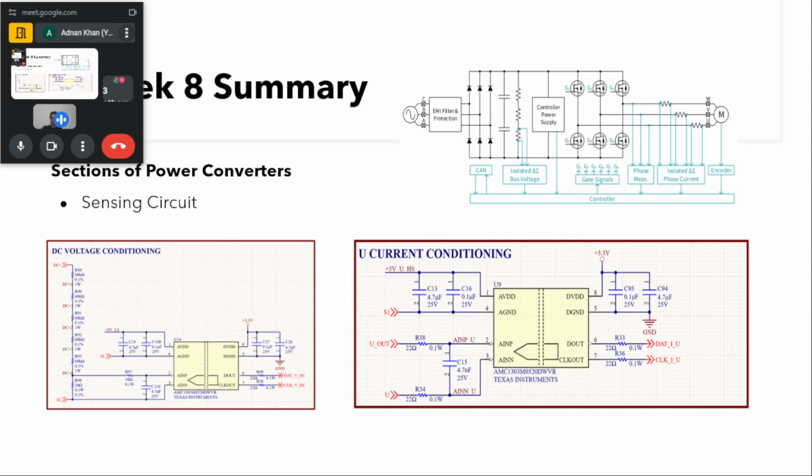Then there will be current sensors in order to sense the current, voltage sensors to sense the voltages, and some other sensors for the phase measurement as well. There will also be a sensor to sense the DC voltage. And how this is done, we will see here, starting with voltage sensing.